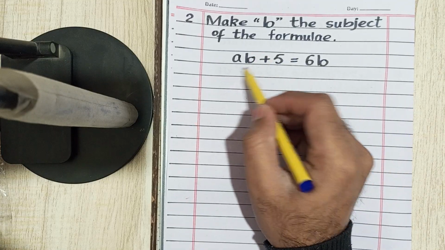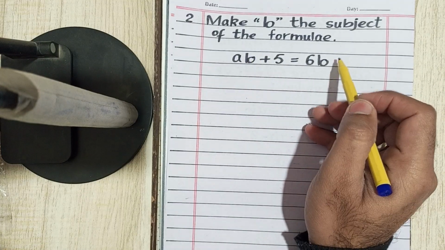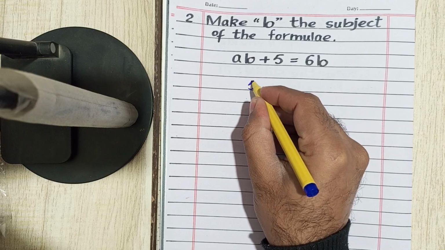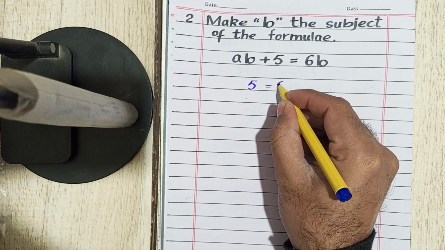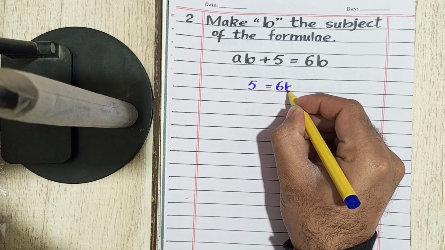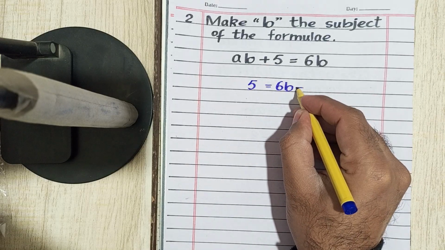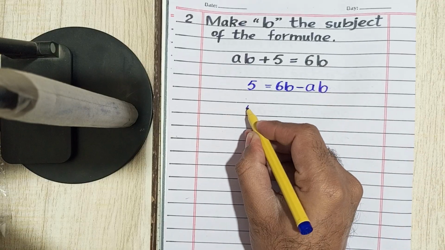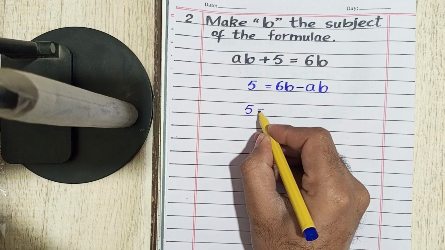Now we take away this AB to the other end. So here we write 5 equal to 6B minus AB.